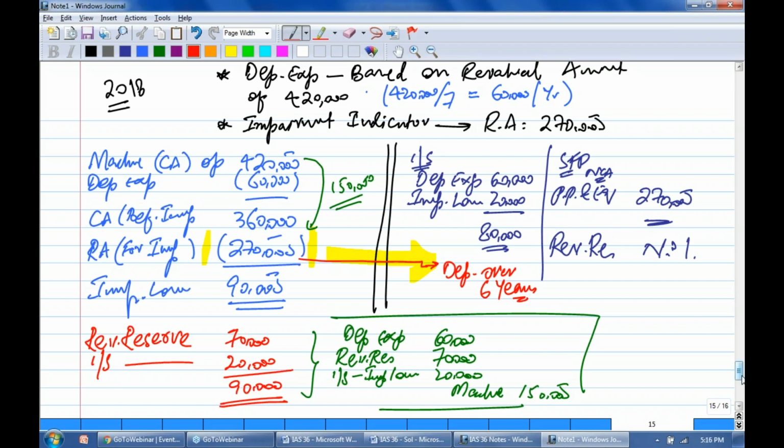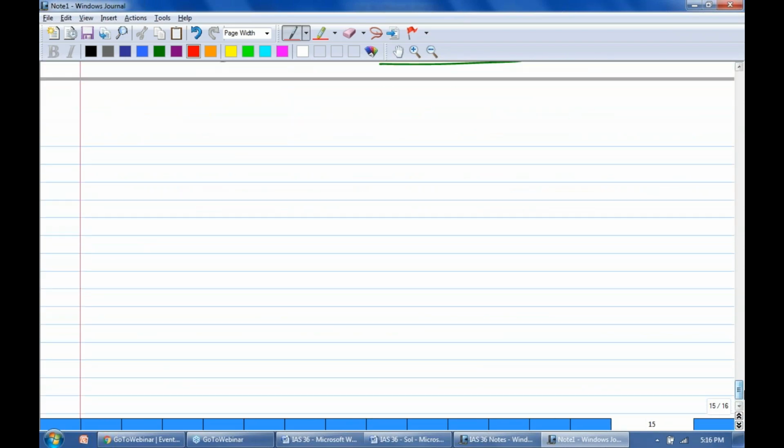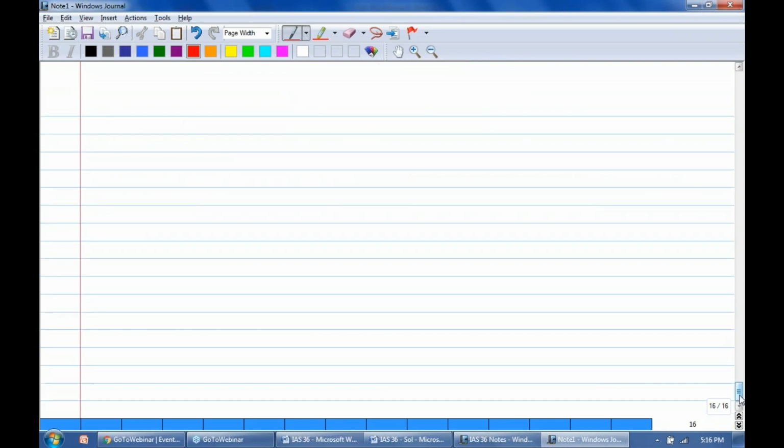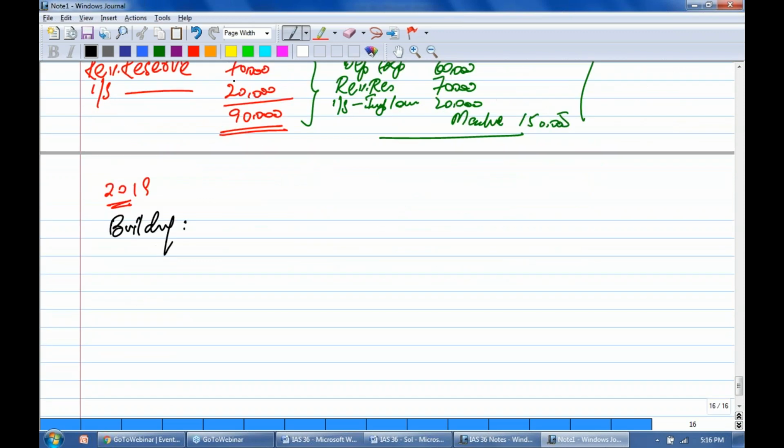Now, for example, do it in a complete manner. 2019, nothing happened, neither reversal nor revaluation. A smooth year. Machine, sorry, building, that's a value of 270,000.